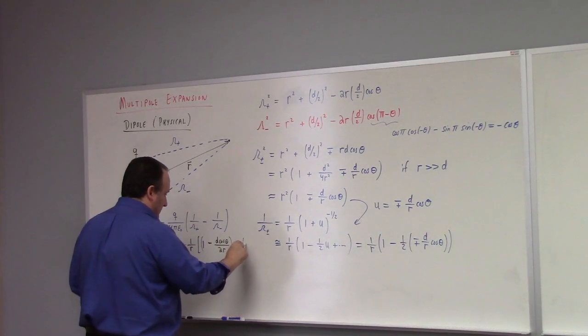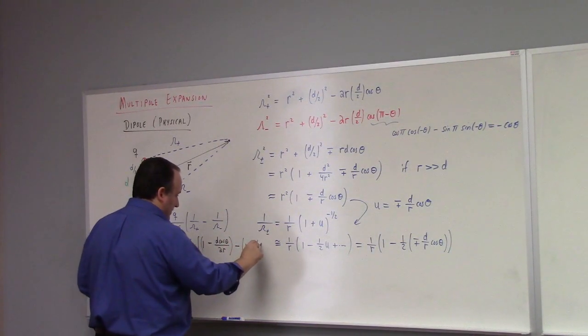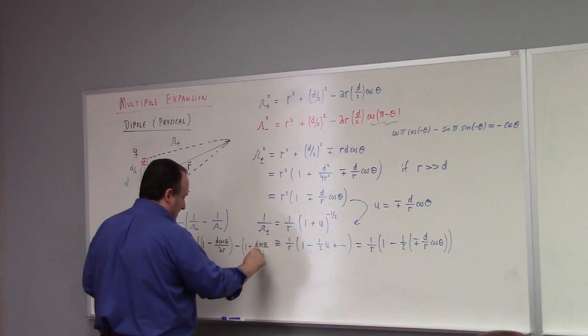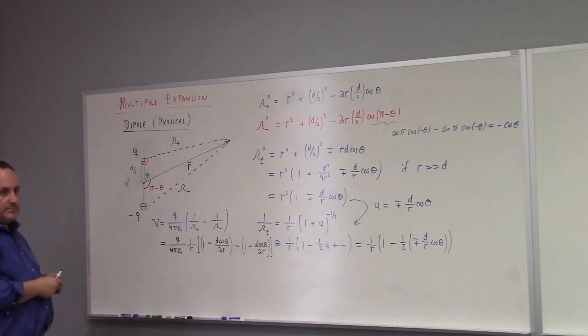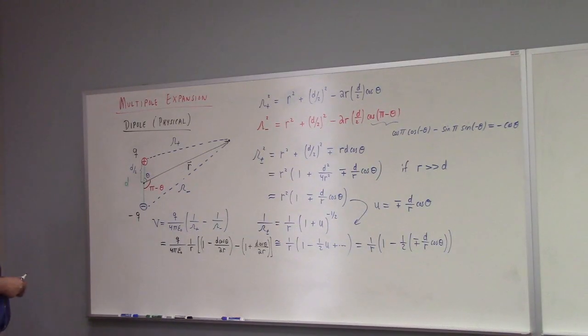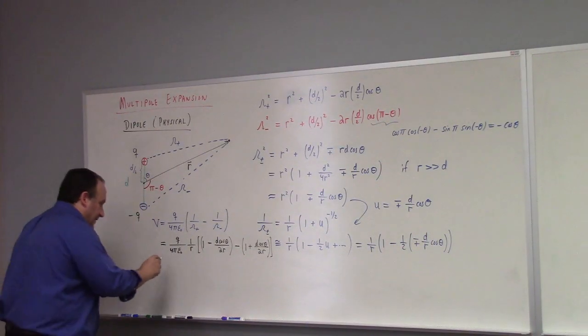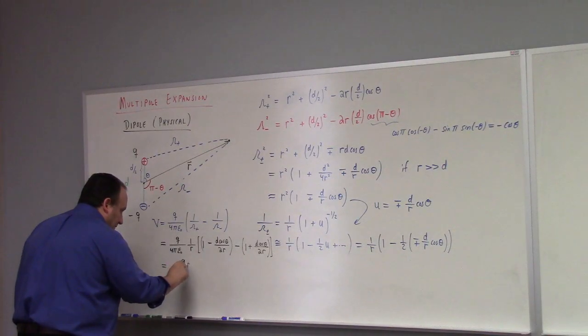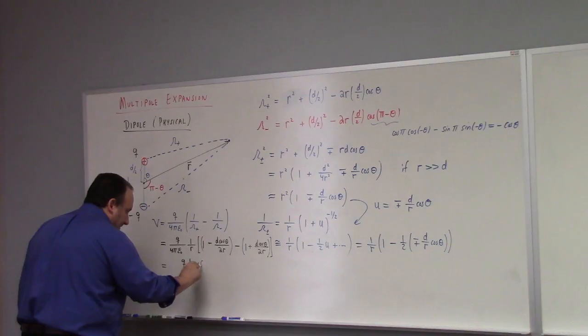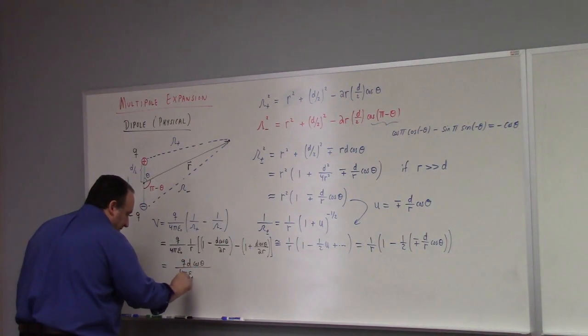Then I do minus 1 plus d cos theta over 2r. The ones cancel, and what we get is q d cos theta divided by 4 pi epsilon naught r squared.